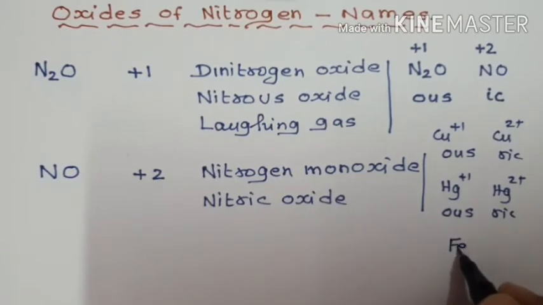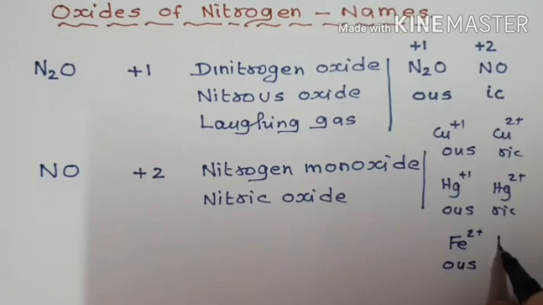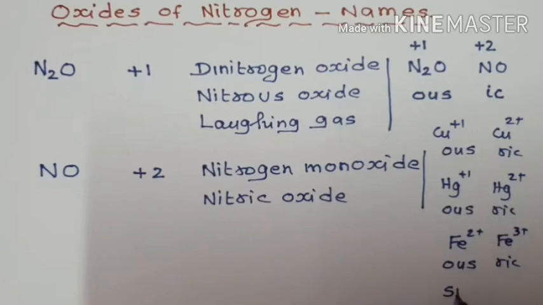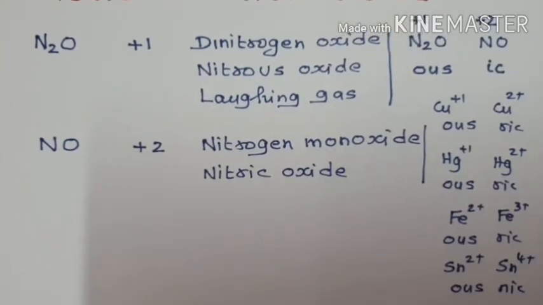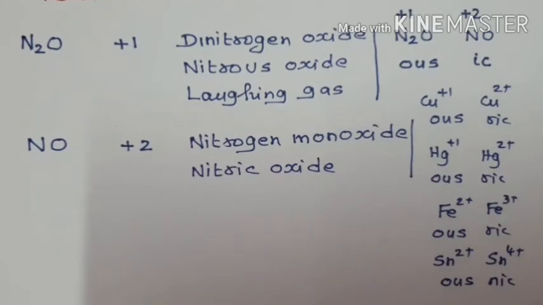Fe 2+ is called ferrous, and Fe 3+ is called ferric. Sn 2+ is called stannous, and Sn 4+ is called stannic. So the lowest valency name ends with ous, the highest valency name ends with ic.